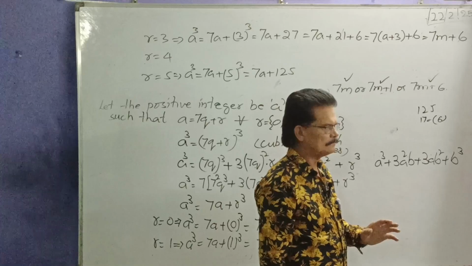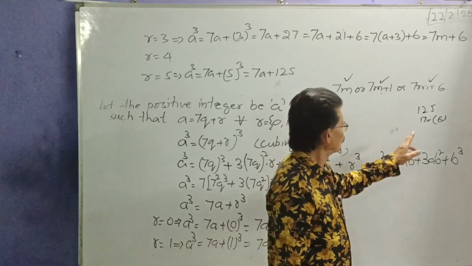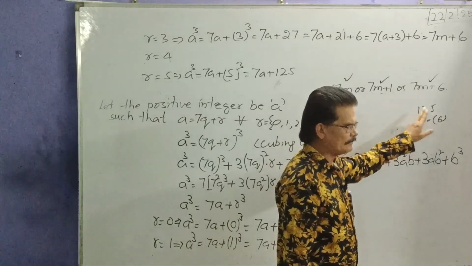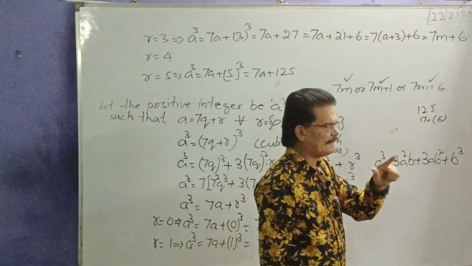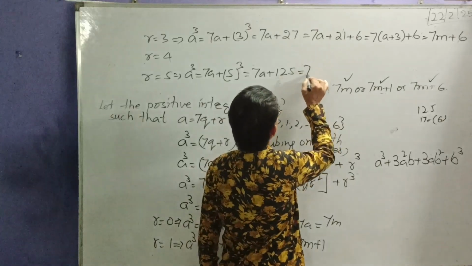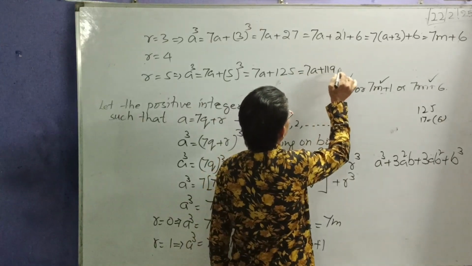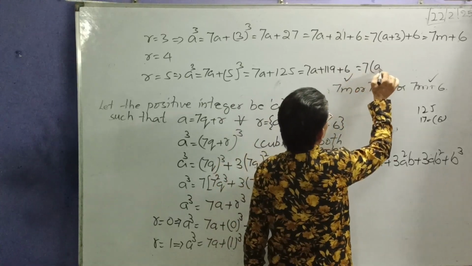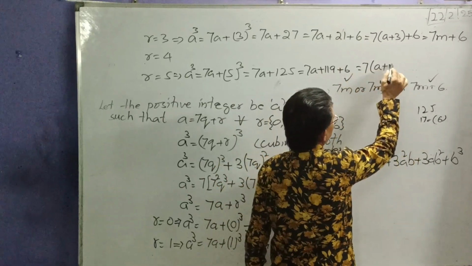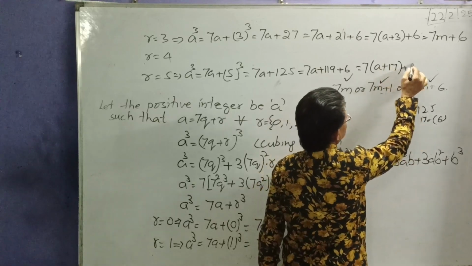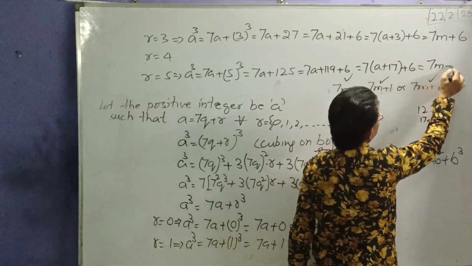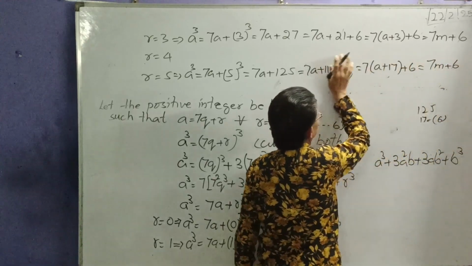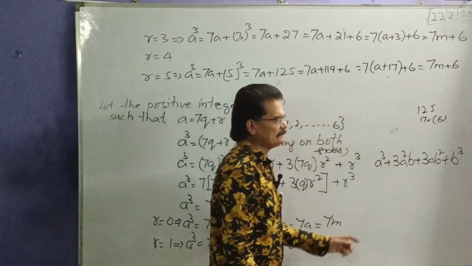Take 6 out of 125, how much? 119. So you have to write it as 7a plus 119 plus 6, that is equal to 7 common, a plus 17, plus 6, that is 7m plus 6. Again we arrived at 7m plus 6.